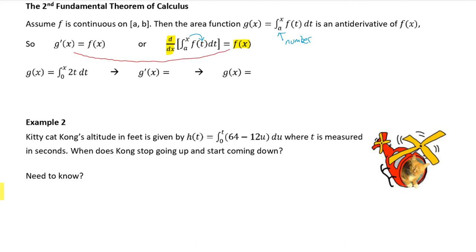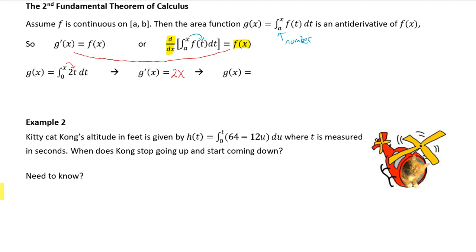Okay? So if, for instance, I defined g of x equals the integral from 0 to x of 2t dt, well then g prime of x says take x, plug it in here for t, and g prime of x is 2x. And therefore, I want you to think about g of x now.